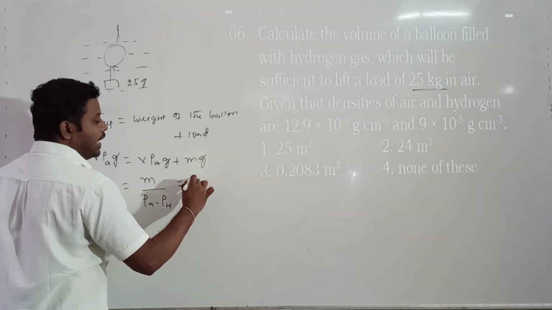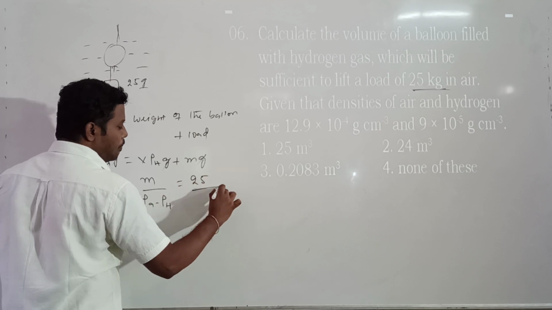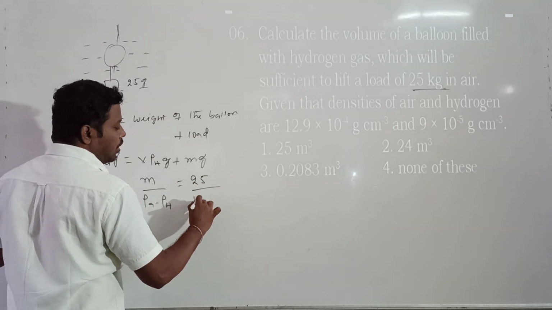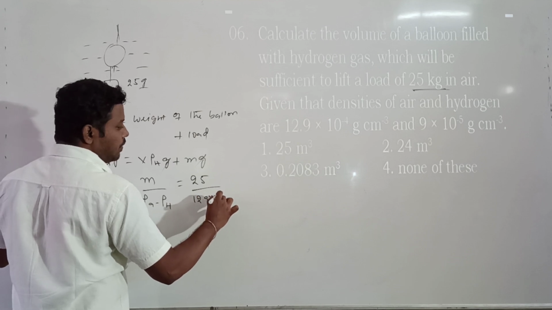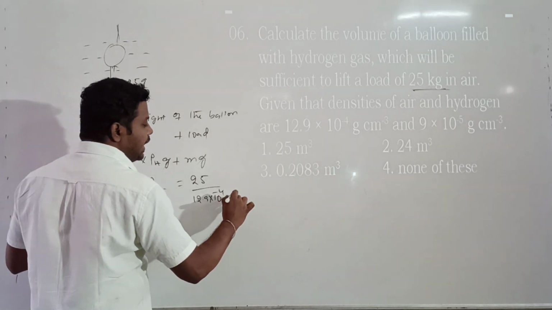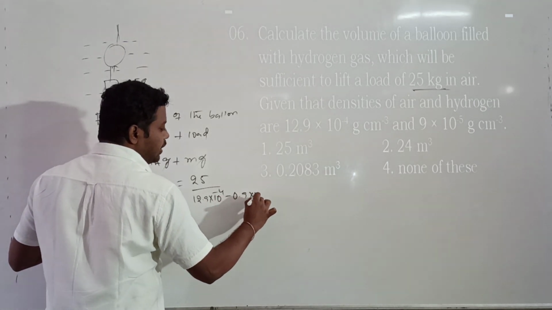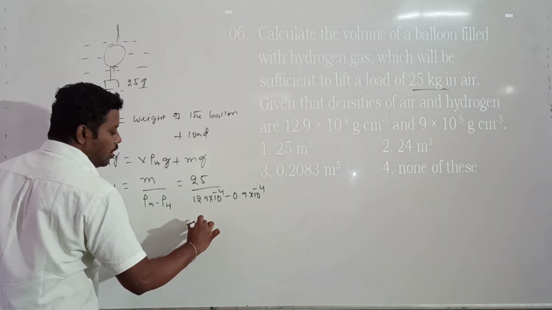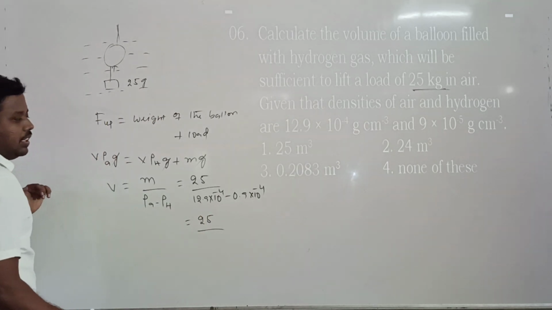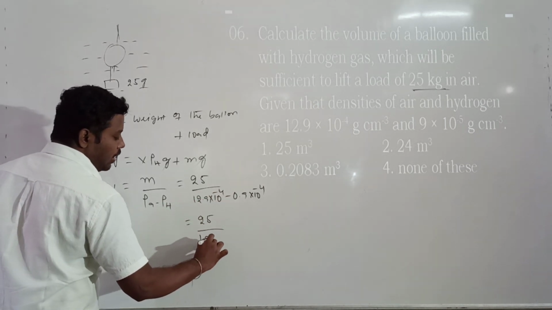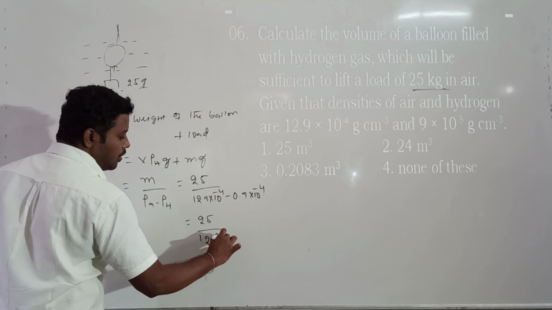Take m as 25 grams, rho_A as 12.9 into 10 to the power of minus 4, and rho_H as 9 into 10 to the power of minus 5, which I can write as 0.9 into 10 to the power of minus 4. Then we get 25 divided by 12.9 minus 0.9, which is 12 into 10 to the power of minus 4.